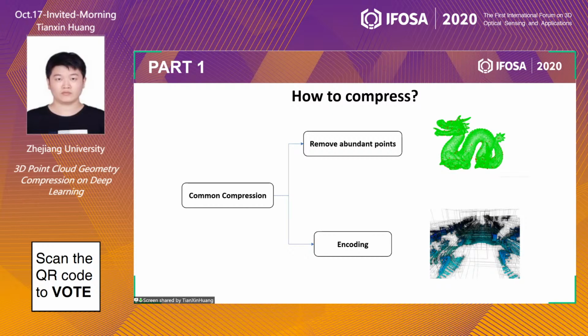And it will always cause information loss because it is exactly a kind of downsampling algorithm. And the other idea is to encode raw point clouds by some predefined rules, such as the Octree. And it will keep more information and is adaptive for multiple downstream tasks. So we concentrate on the encoding method in our work.